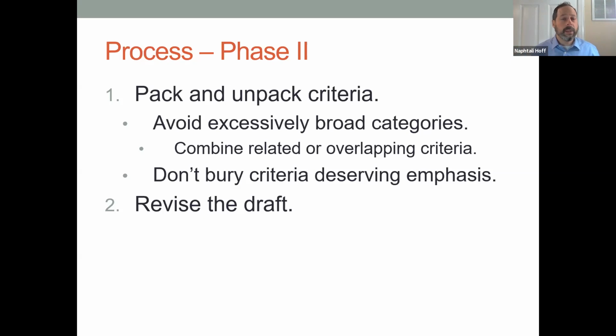So what are the steps that we need to be taking? Let's talk about them one at a time. Number 1, pack or unpack criteria. Sometimes you've got categories that are very broad and they need to be unpacked, broken into pieces. On the other hand, you need to take related or overlapping criteria and maybe bring them together, because sometimes there's not enough clarity between one and the other, and it doesn't make sense to make them separate criteria.